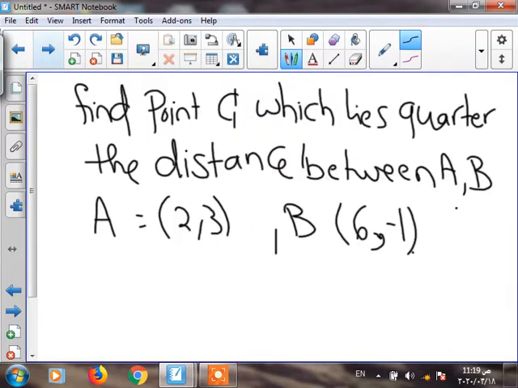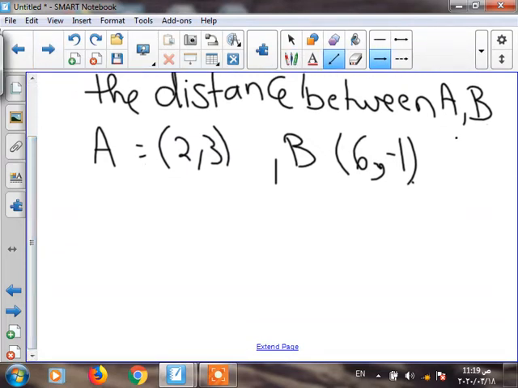Another question. Find the point C which lies a quarter of the distance between A and B. If you think about this, we are going to divide the distance between A and B into 4 equal parts. How many points do we need?